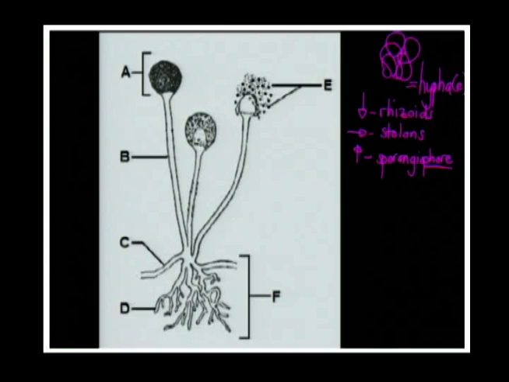Please be careful of the spelling of that word. A sporangiophore is a stalk that will hold a sporangium eventually. So those are your 3 kinds of hyphae growing in all possible directions: rhizoids growing down, stolons spreading across, and the sporangiophores growing up.